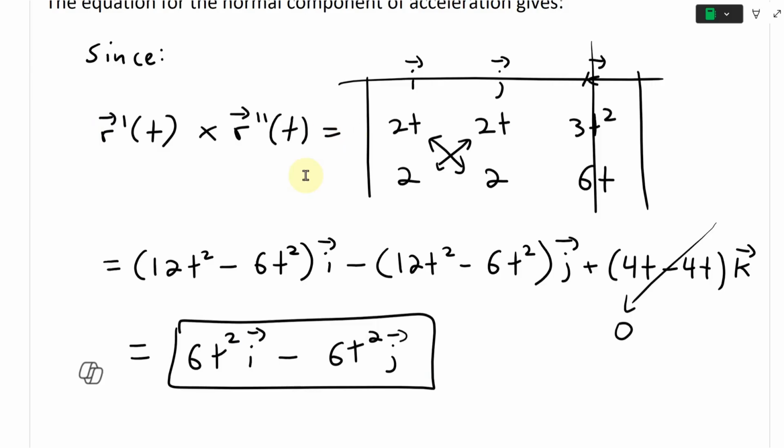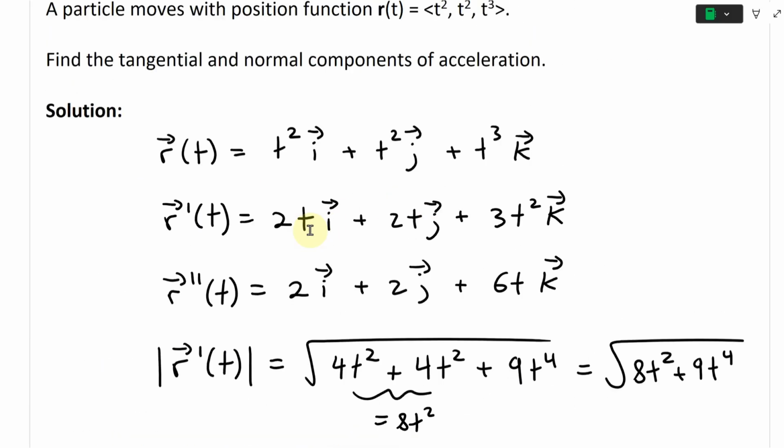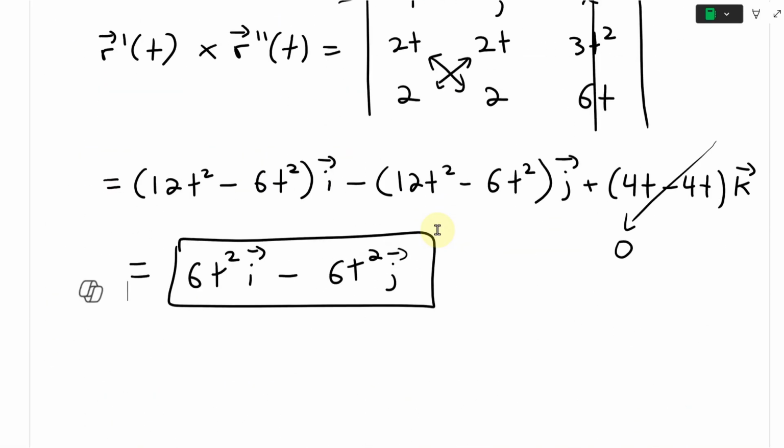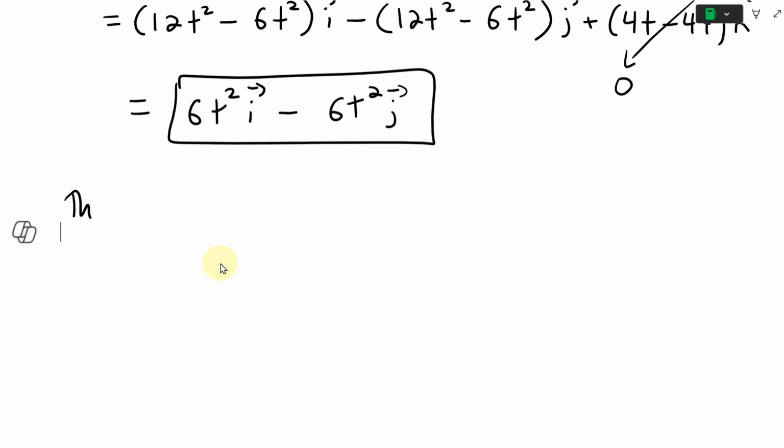So since we have this, now we can solve for the equation for the normal component of acceleration. Again, just go back to that equation here: the magnitude of the cross product, divided by the magnitude of the first derivative, in other words, the speed. So let's put that all in.